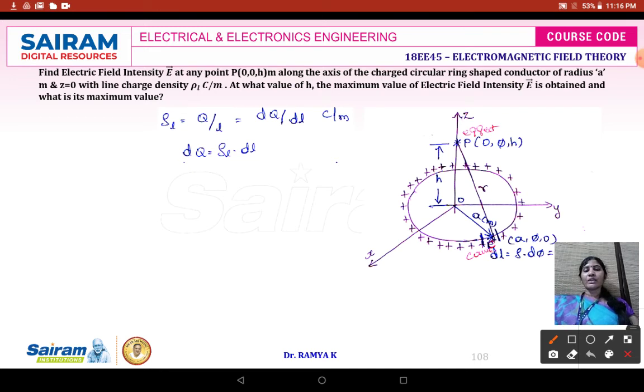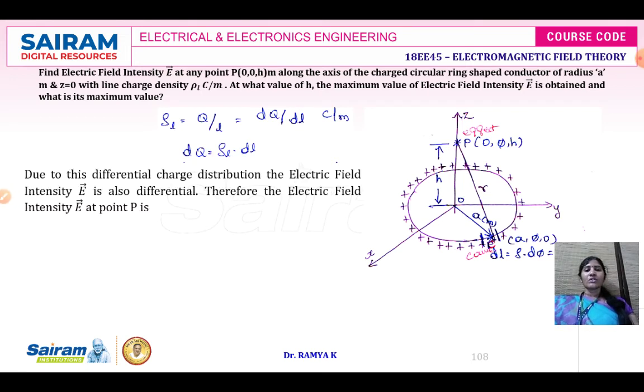If you assume a differential elemental length, then the charge distribution will also be differential. So we'll get dq is equal to rho L into dl.